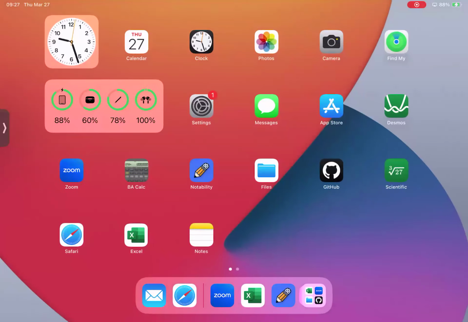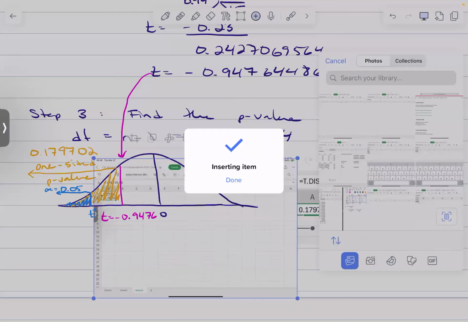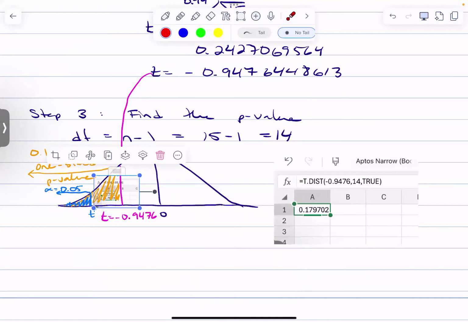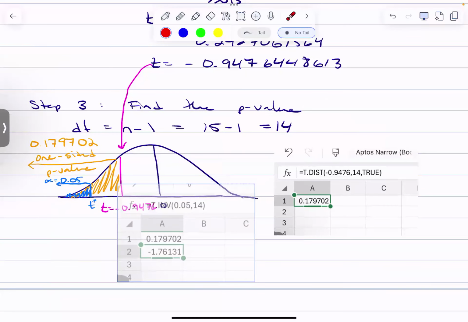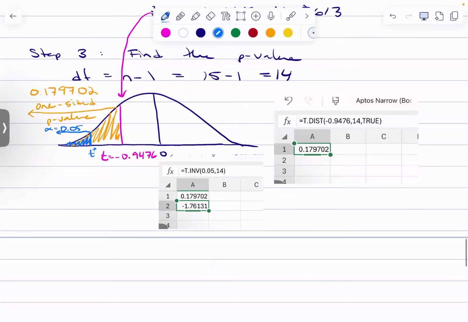This means that for an area of 0.05 in the tail, the T dot inverse tells me, I give it the area in the tail and it returns the T that makes that happen. We could use that in terms of our conclusion as well.